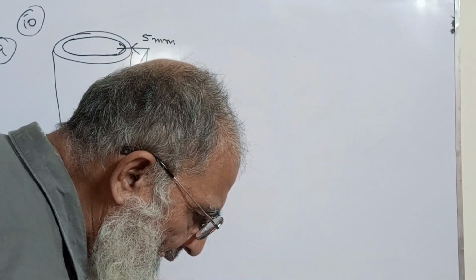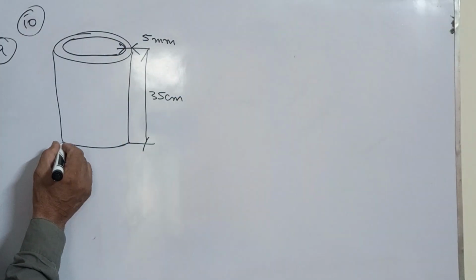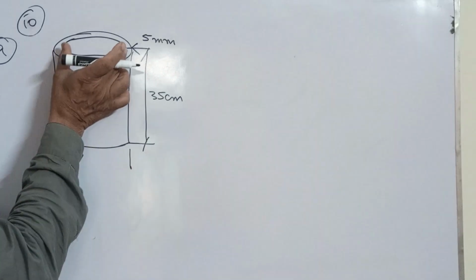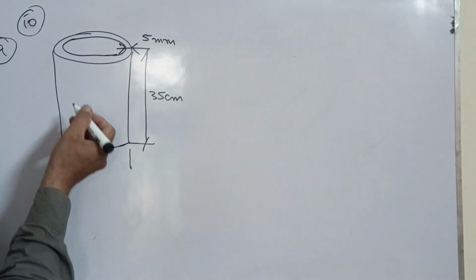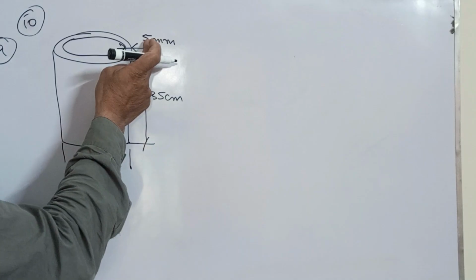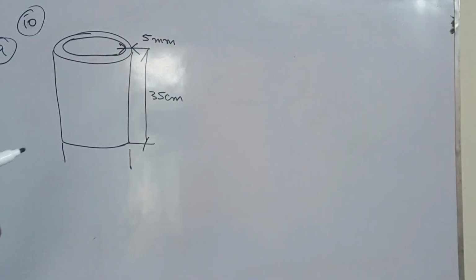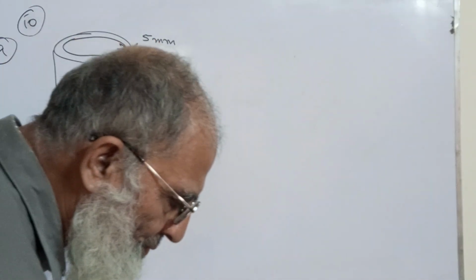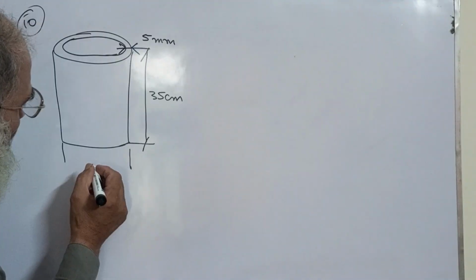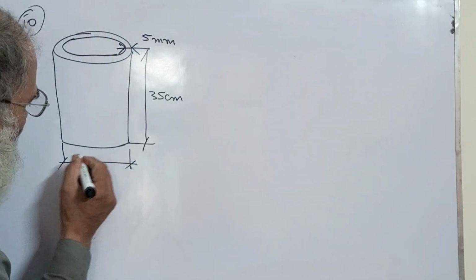And it has an exterior diameter. This is the exterior. This is the interior. Interior is, of course, when this is 5 millimeter, the interior will be 1 centimeter less. The exterior diameter is 10.4.